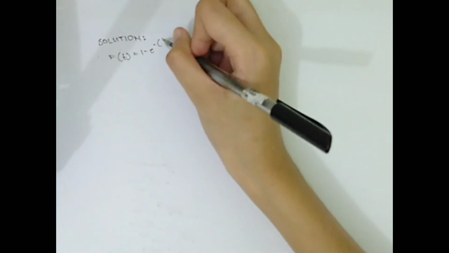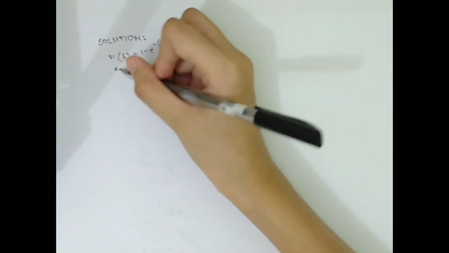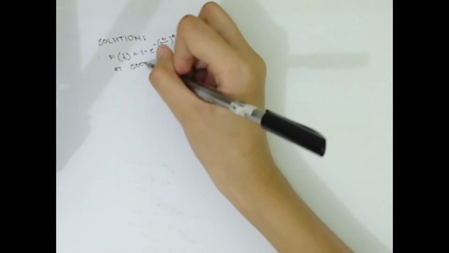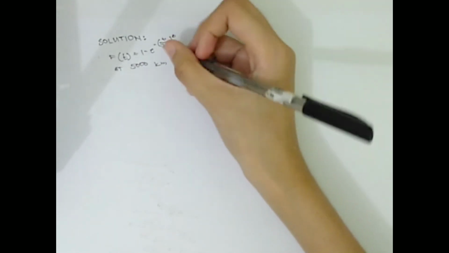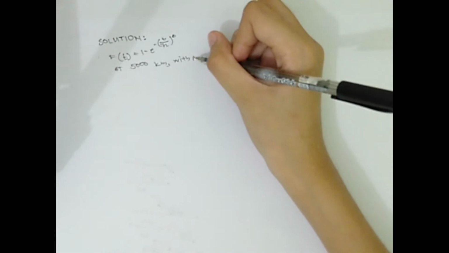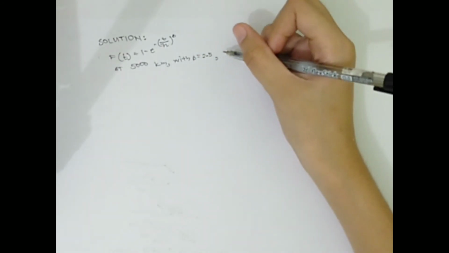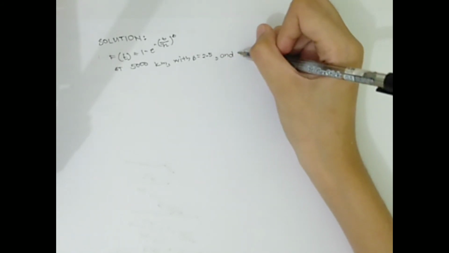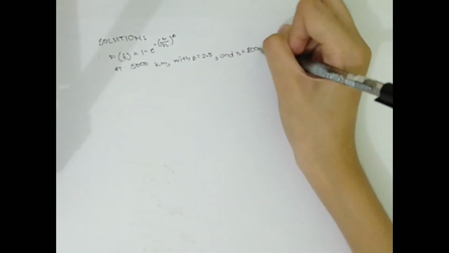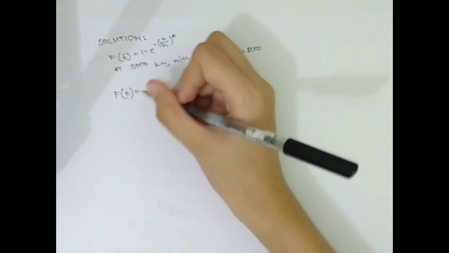This is the solution. Since F(t) is equal to 1 minus e raised to negative (t over eta) raised to beta, at 5,000 kilometers with beta equal to 2.5 and eta equal to 8,000.